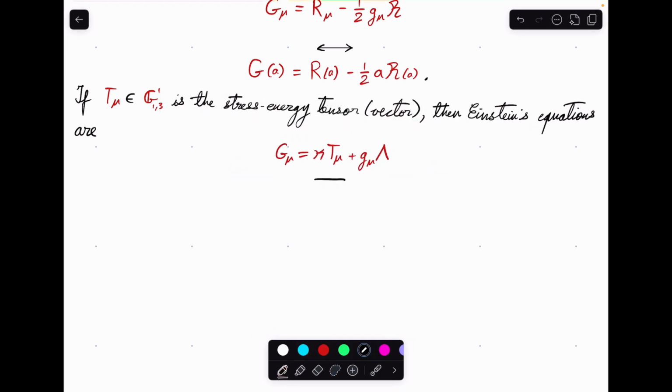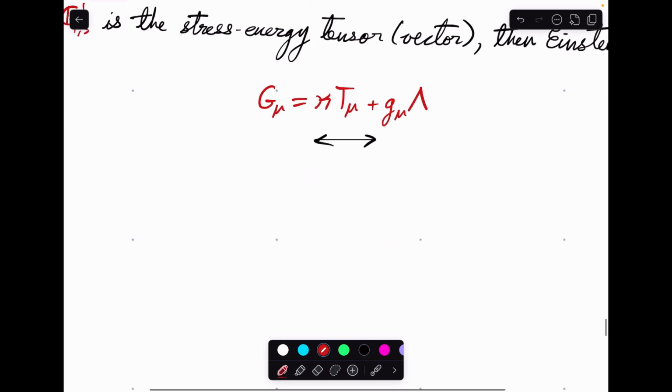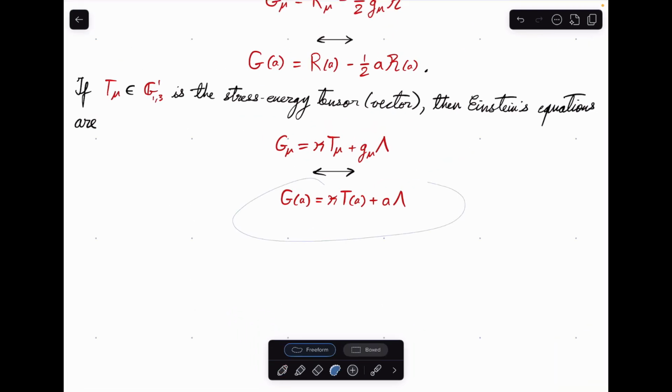And if you want to express this in the coordinate-free form, then it would be G of A is going to be equal to kappa times T of A, and then plus A lambda. Again, we'll talk about what this lambda is in a second.